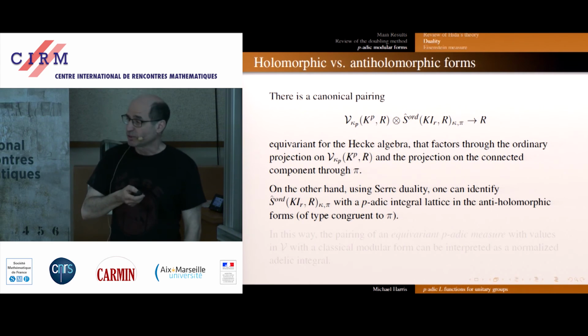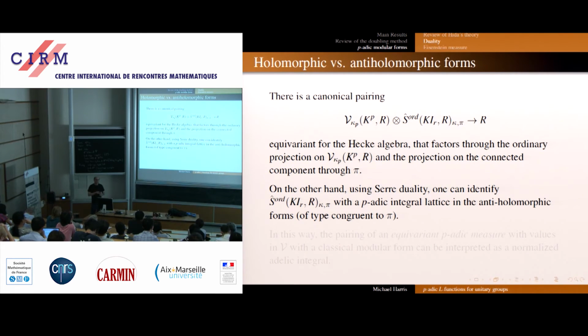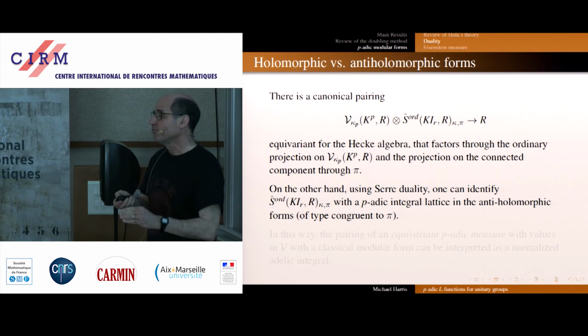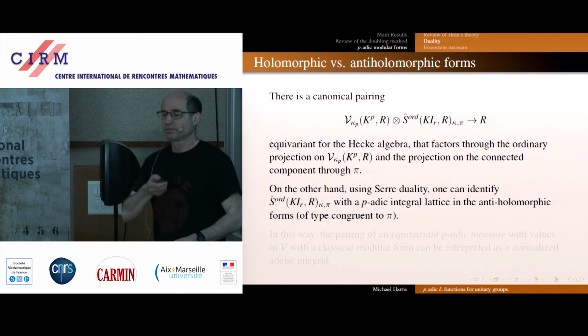On the other hand, using Serre duality, one can identify this thing with a p-adic integral lattice in the anti-holomorphic forms. But that's not natural, because when you take the complex conjugate of a holomorphic form, you get something that, when it's paired with the holomorphic form, does not give you something that's algebraic. It gives you an algebraic multiple of a period. That's why the period ends up in the denominators, because you have to correct by that.